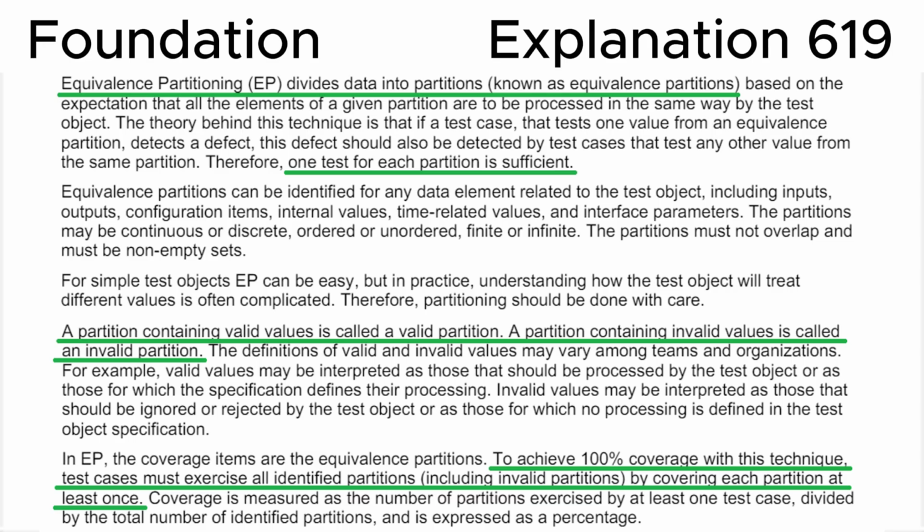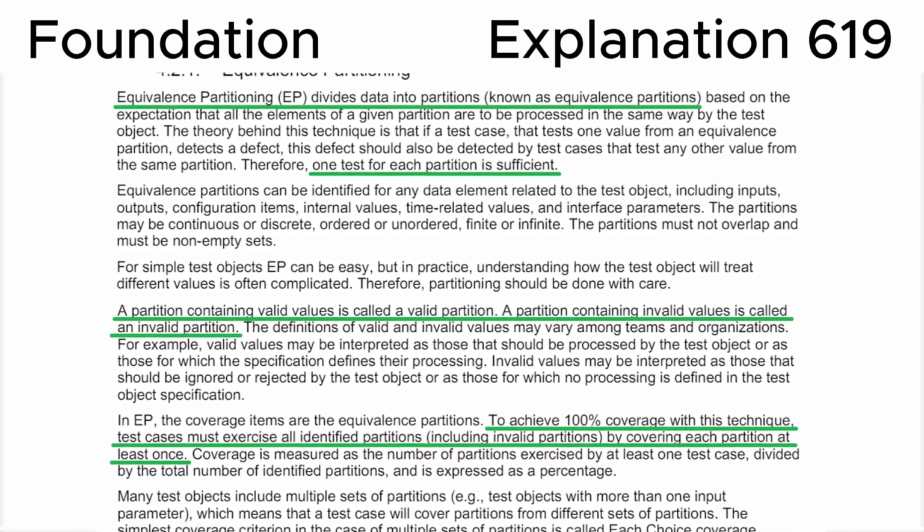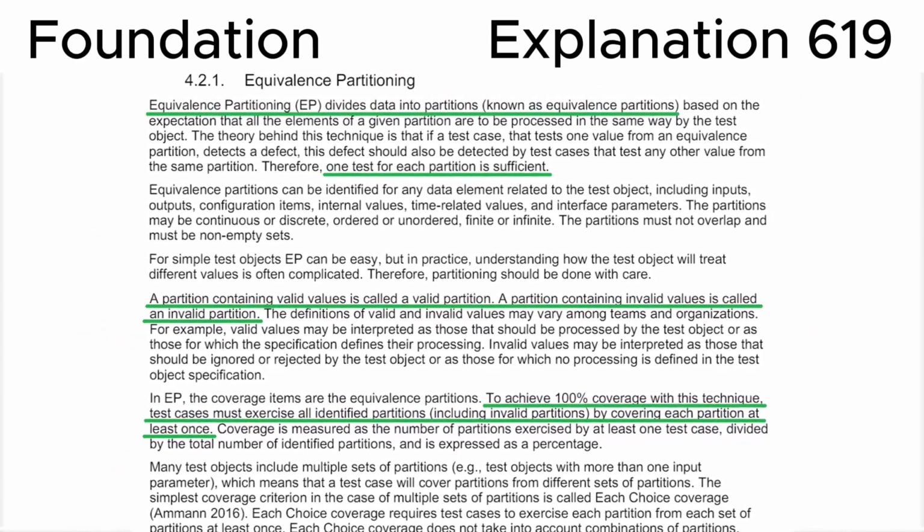A partition containing invalid values is called an invalid partition. To achieve 100% coverage with this test technique, test cases must exercise all identified partitions, including invalid partitions, by covering each partition at least once. This is fully consistent with our solution and the correct answer A.